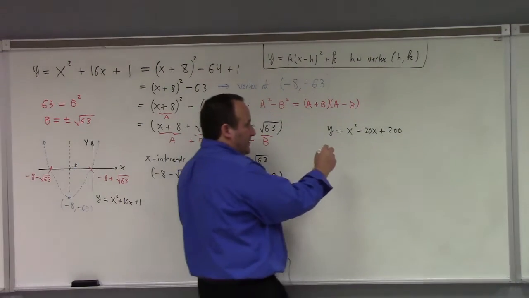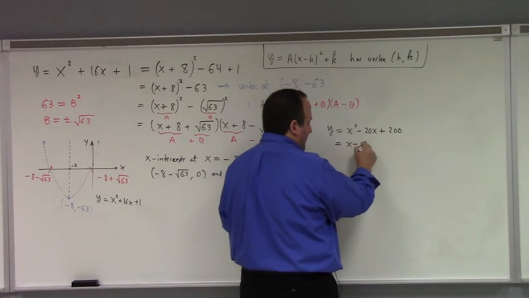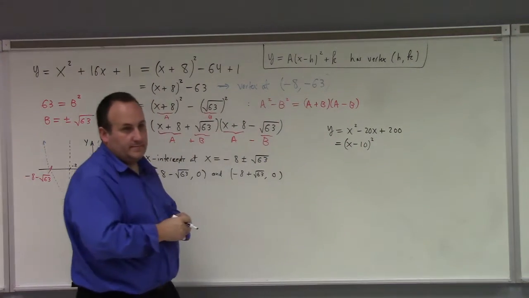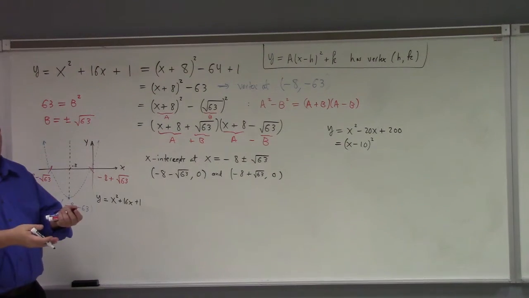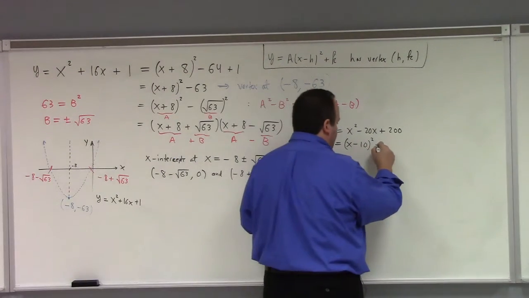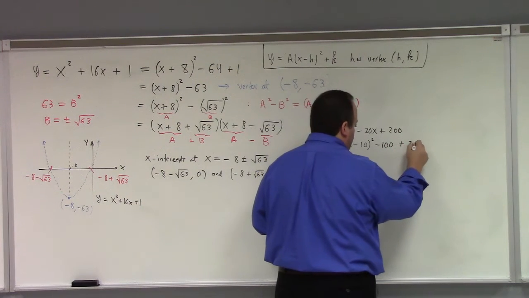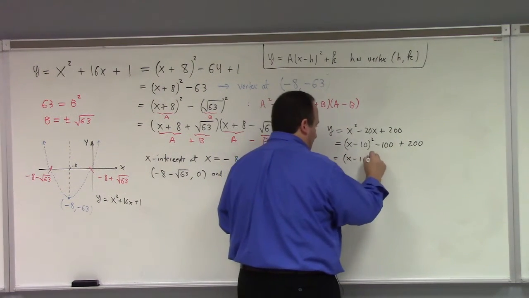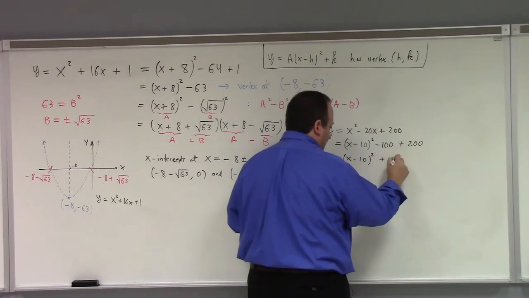If I complete the square here, x minus 10 squared, then I've added 100, so to be fair, I have to subtract 100. I still got my plus 200, so what do we got? X minus 10 squared plus 100.